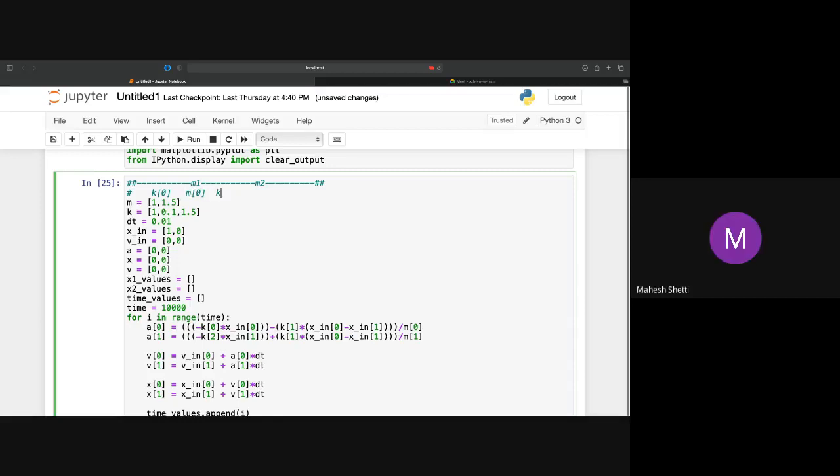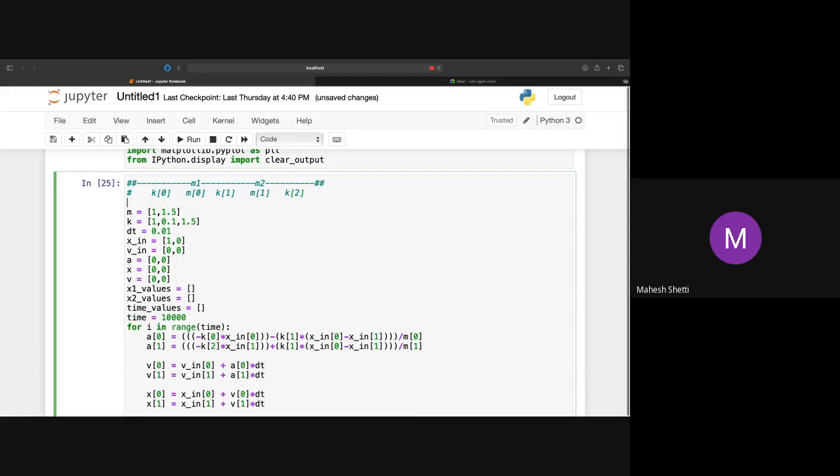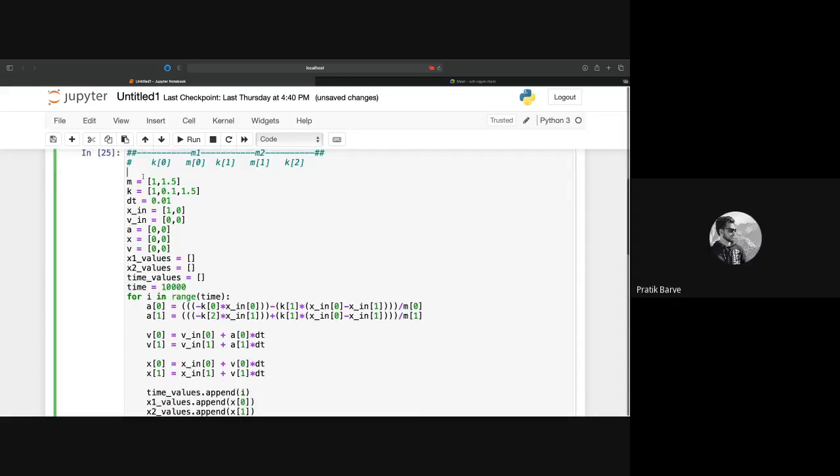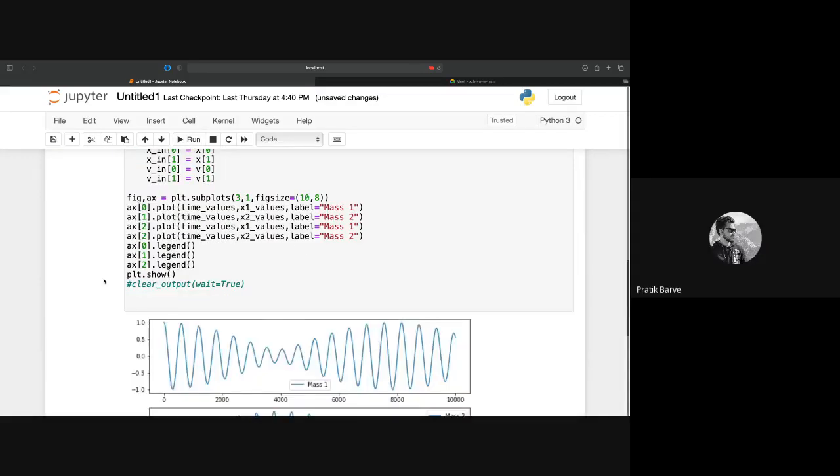This is our K1, M1, and then we have K2. Okay, so I have put the values. I'll run this now.